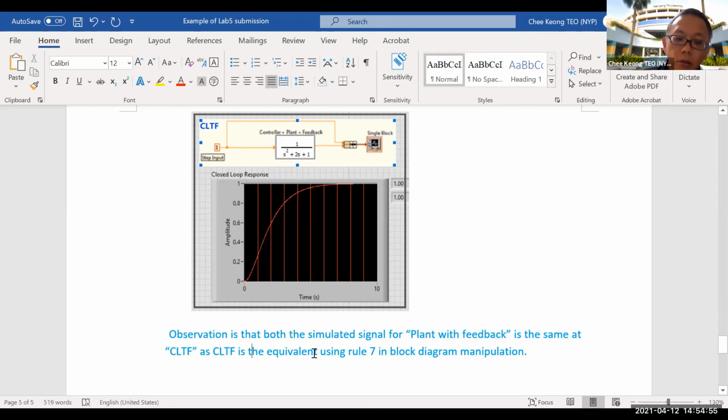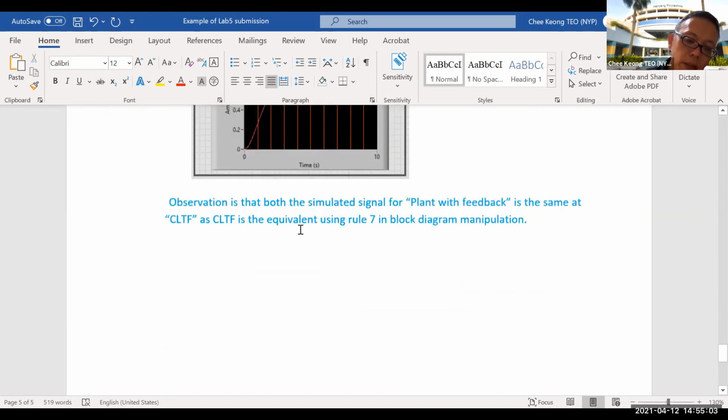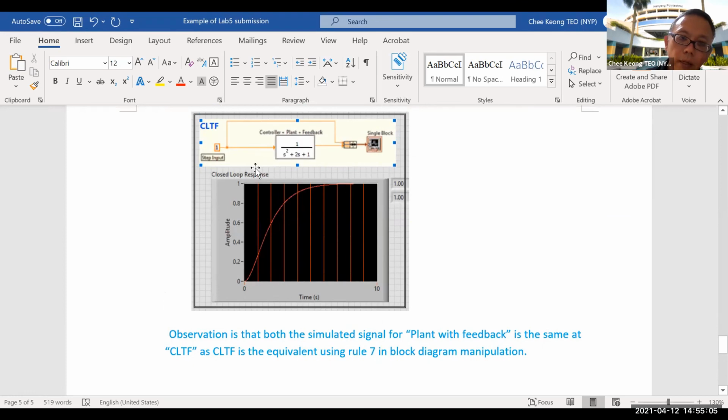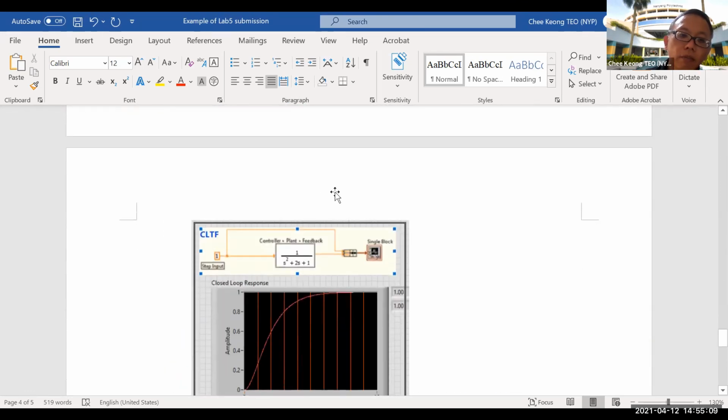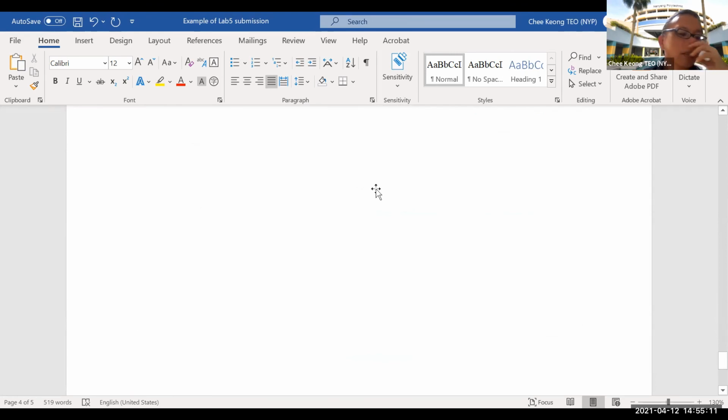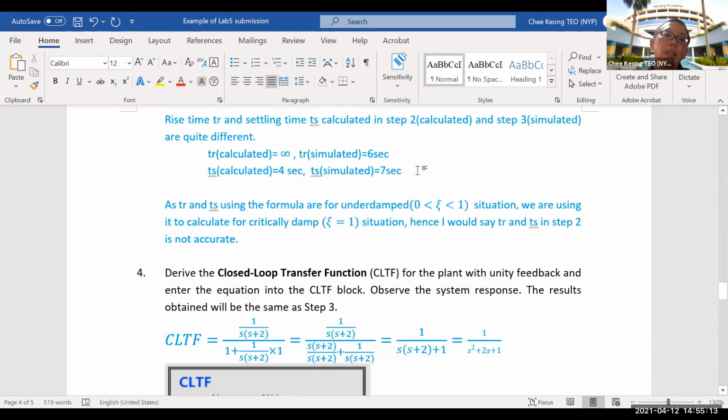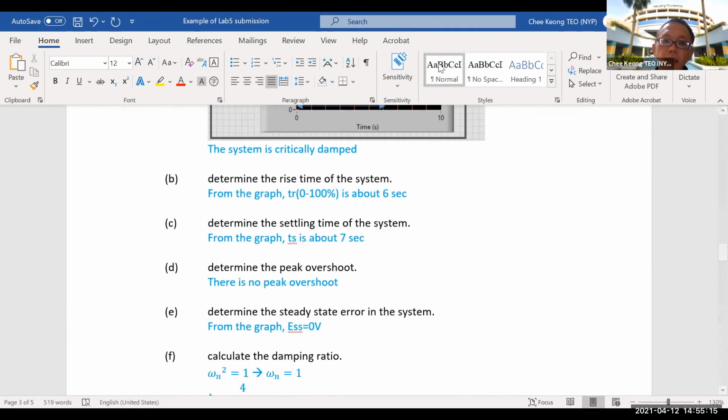This is because of rule 7 of block diagram manipulation. That means rule 7 of block diagram manipulation is very accurate. Because of this, the mathematically calculated expression and the actual feedback give you exactly the same result. So this is basically exercise 5 and exercise 6.